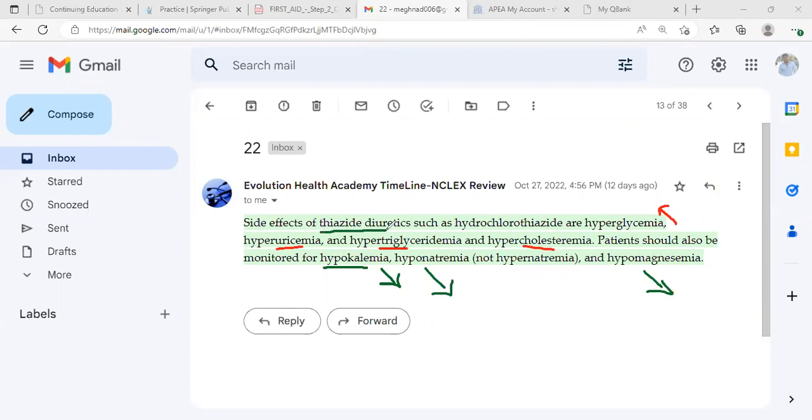Because thiazide diuretics, such as hydrochlorothiazide, increase the blood sugar, increase uric acid, increase triglyceride, and cholesterol, but reduce potassium, reduce sodium, and reduce magnesium. Important for the board exam, and keep it in mind.